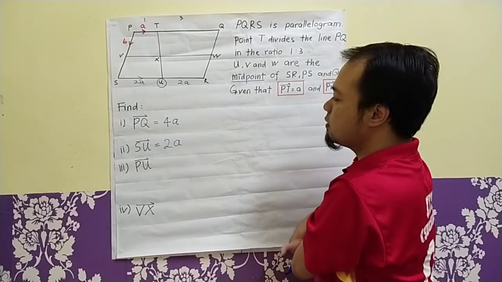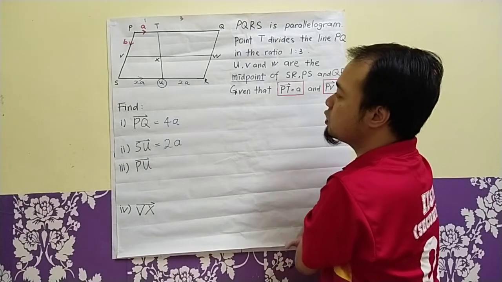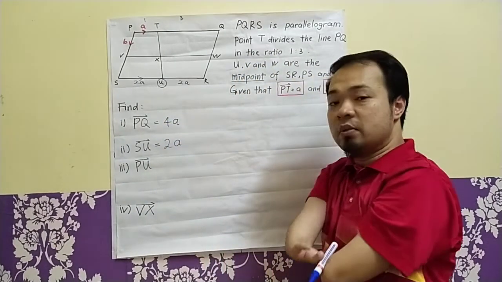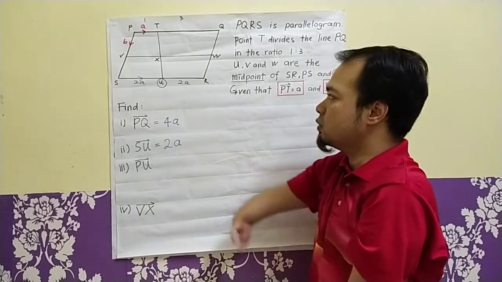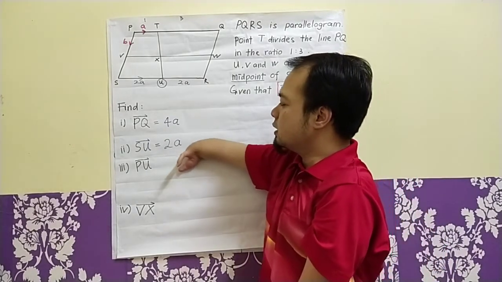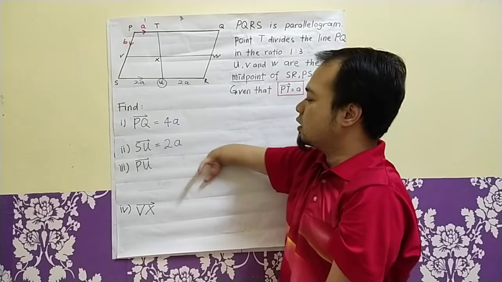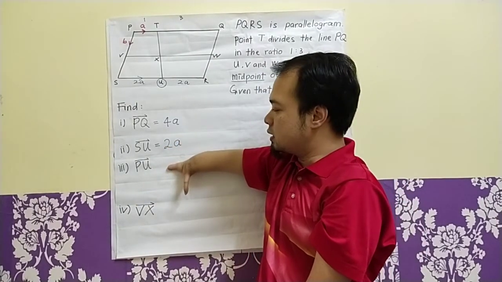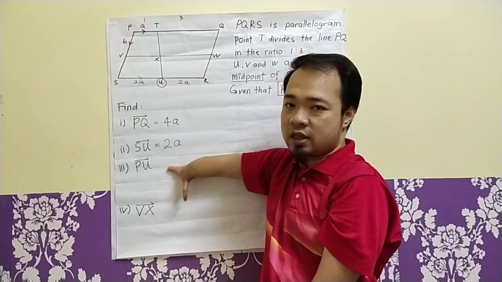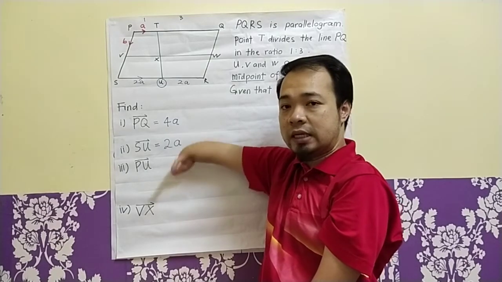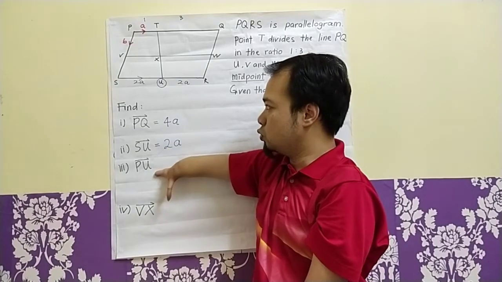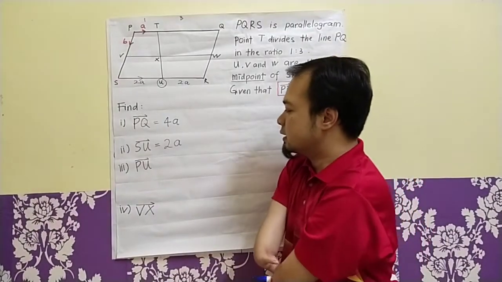Next, PU. P is up there, U is down here, the midpoint. Always remember, in the vector chapter, to find the vector PU, the first thing you can do is identify the path or the route and create the equation for vector PU.